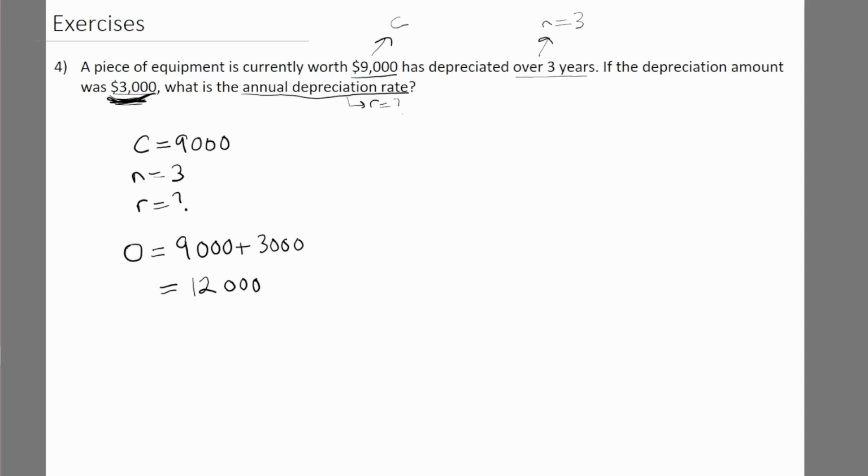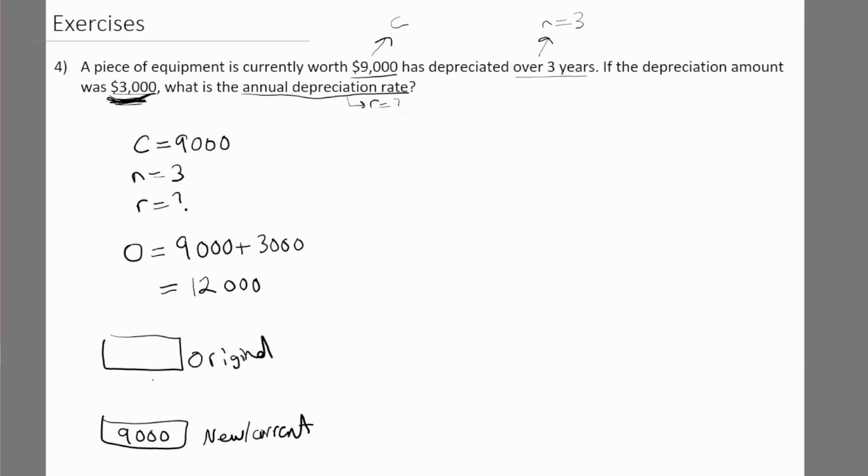Okay. So again, the reason we added is because we had an original value and we had a new value or a current, all right? And the current value was 9,000, okay?